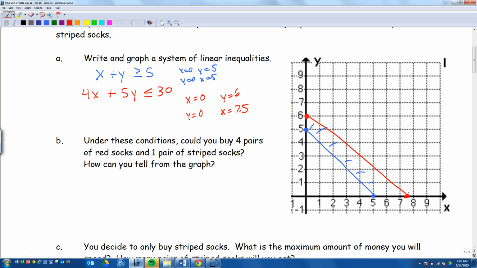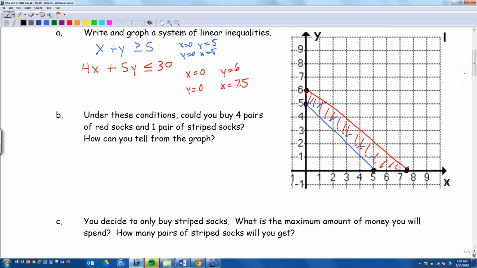But we can't go higher than that line because we only can spend up to $30, and that line represents $30. So if you test 0, 0, is 0 less than 30? That's true, so we're shading this way. So basically our feasible region is this region. So these are all my points that I care about, and we'll deal with those in a minute.